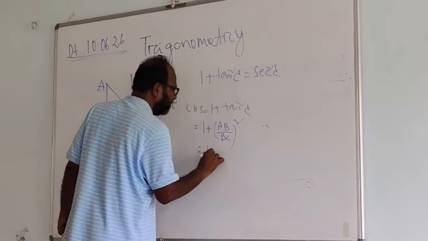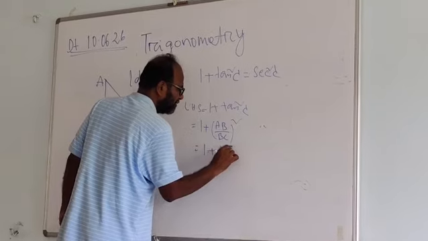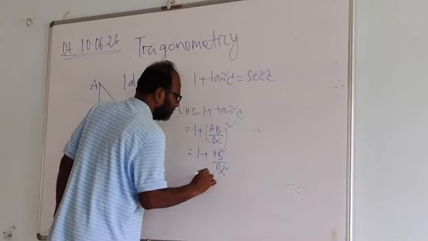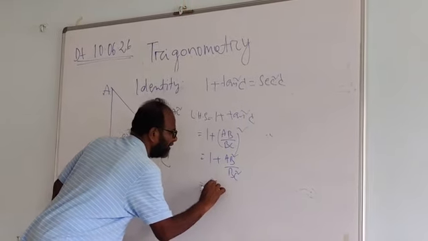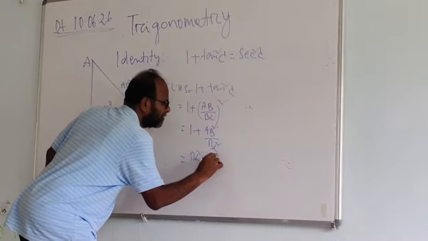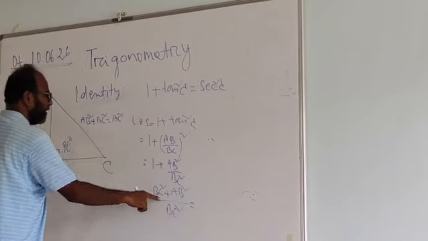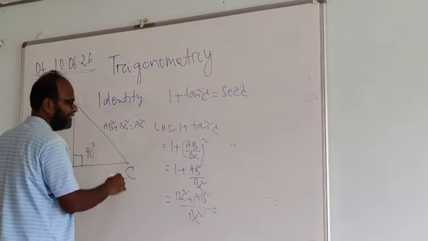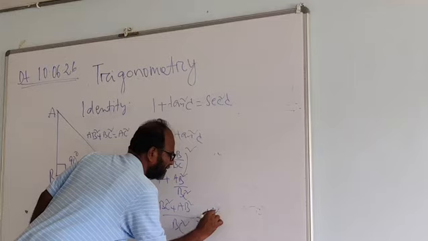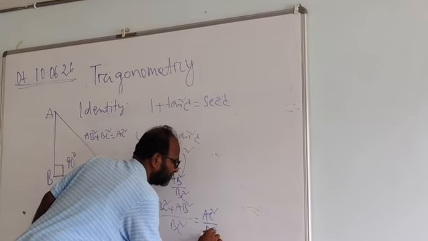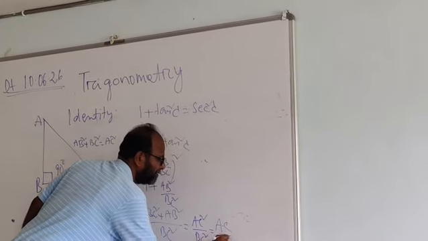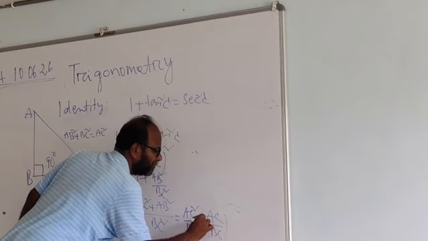So that is equal to 1 plus AB square by BC square. That is BC square plus AB square by BC square. That is AB square plus BC square, that is equal to AC square. So AC square by BC square is equal to AC by BC square.